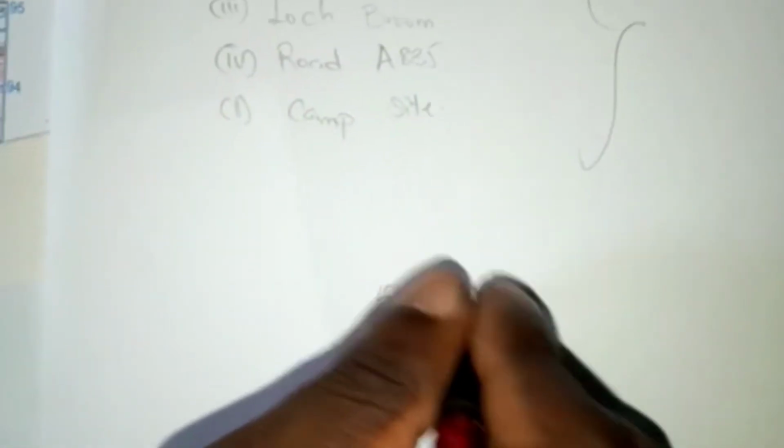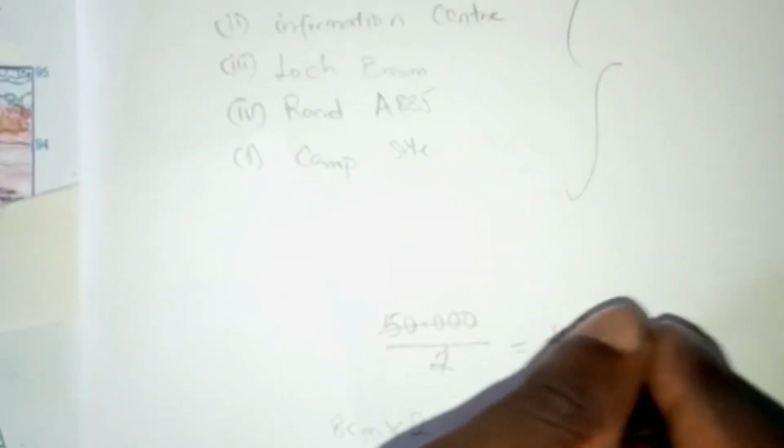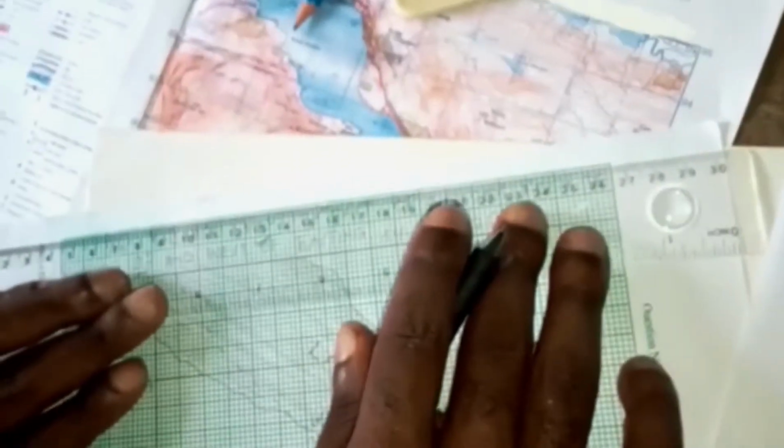And beside it we're going to put the new scale, which, when we divide 50,000 by 2, is going to give us 25,000. So our new scale will be 1:25,000. Remember that in geography, all diagrams are supposed to be grouped together.